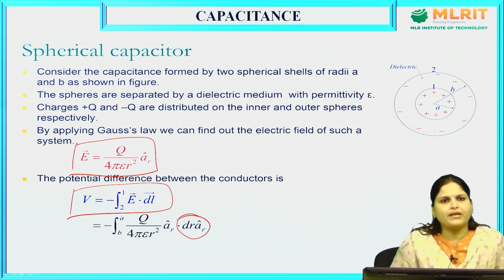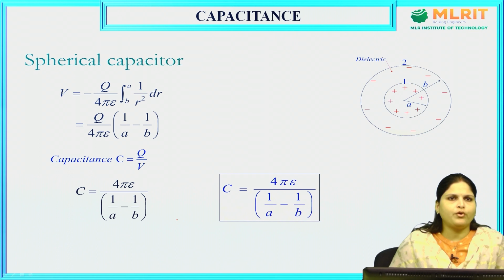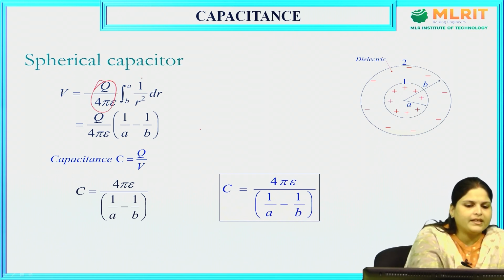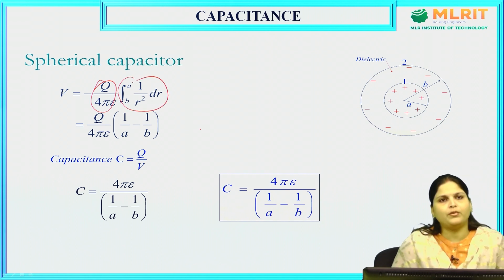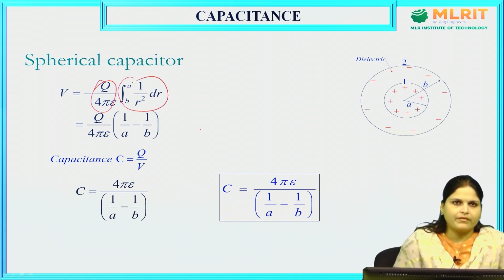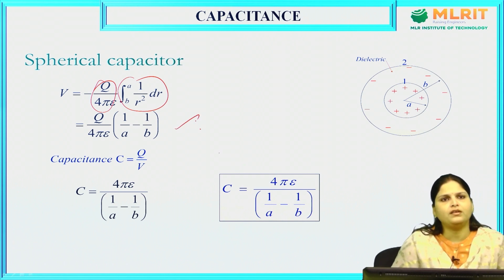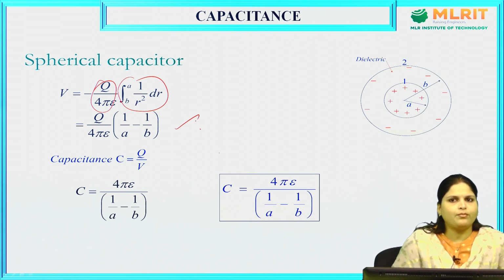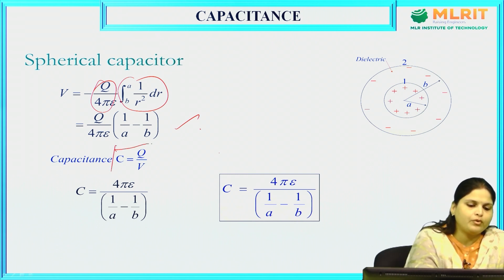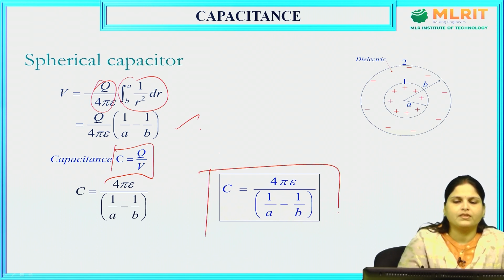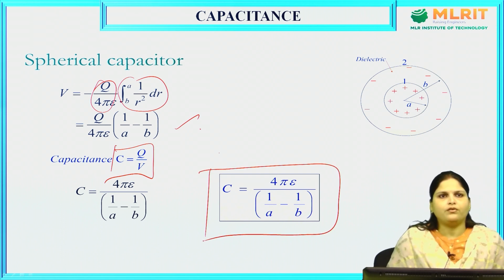Further simplifying, Q upon 4 pi epsilon is a constant, and then we will integrate 1 upon r square with respect to dr. When we simplify and put limit, we finally get Q upon 4 pi epsilon within bracket 1 upon a minus 1 upon b. And when we put this into the formula C is equals to Q upon V, again Q will get cancelled and we will get 4 pi epsilon upon (1 upon a minus 1 upon b).